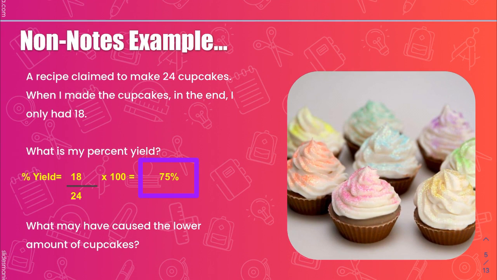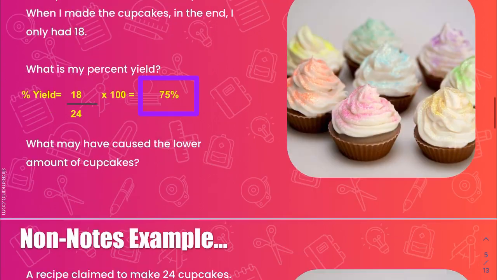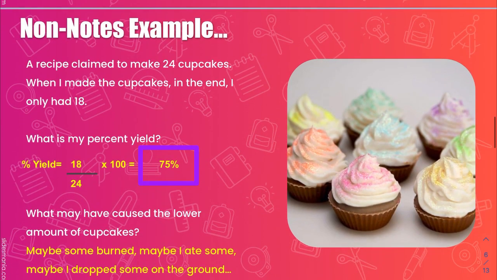What may have caused the lower amount of cupcakes? This is actually relevant to chemistry. If you predict that you'll get 24 grams of something, but you only got 18, why? What might have happened? In this case, there's a couple possibilities that I thought of. Maybe some burned, so maybe I had to throw them away. Maybe I ate some.